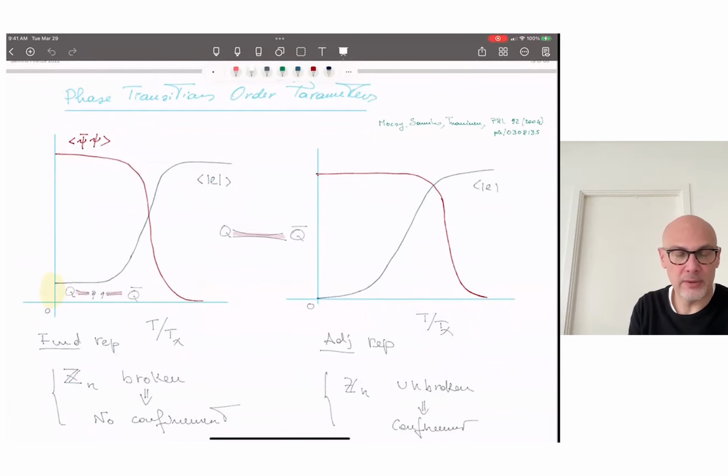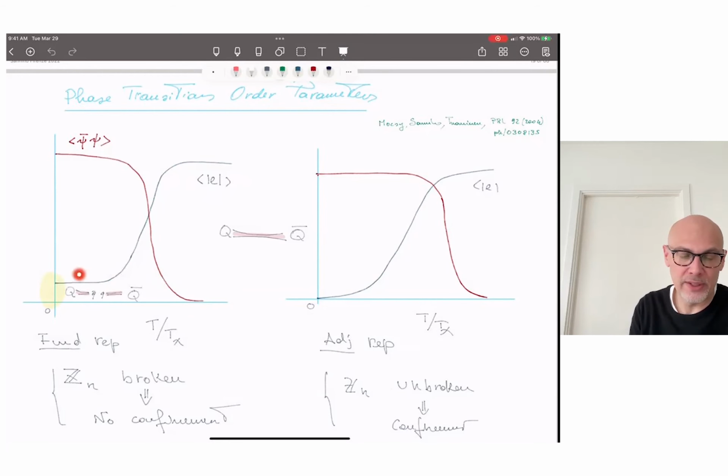Now you see that in the absence of quark masses, the chiral condensate is indeed an order parameter. It goes to 0 at high energy, and it goes to a number at low energy. However, the Polyakov loop, in the case of, for example, the fundamental representation, goes to 1 at high energy, but then it goes to a number which is different from 0 at low energy.